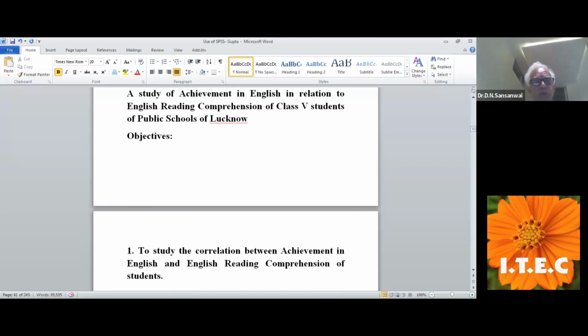Now here you should have students, whether it is male or female. It is not written here. And these students must be from class 5th of the public schools of Lucknow. So that means your students will be class 5th and public school. So it is a homogeneous one. So if it is a homogeneous one, then here it is the random sampling technique that you want to use.